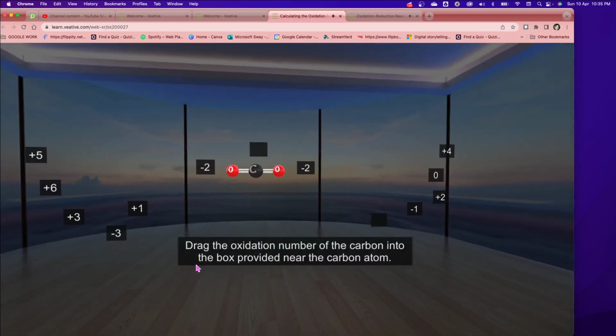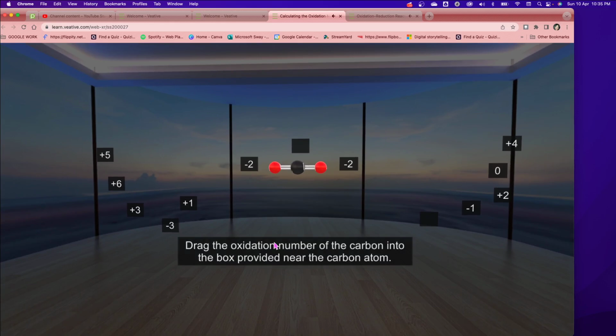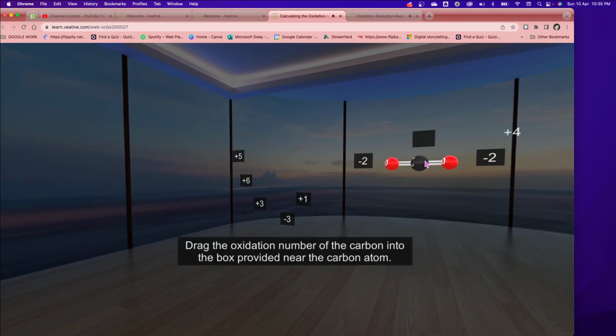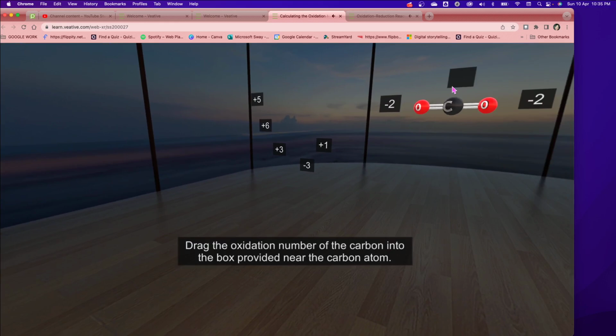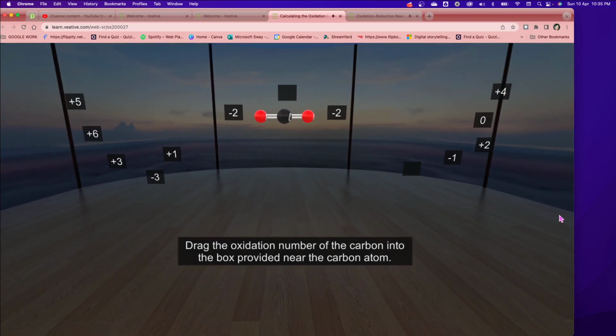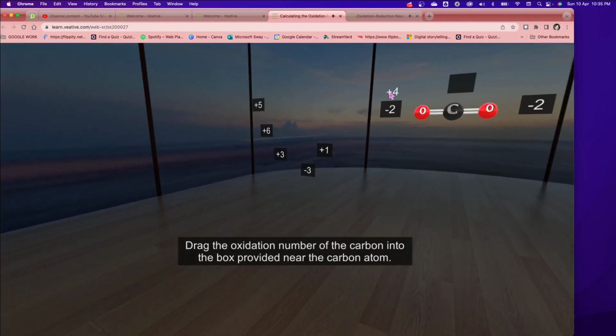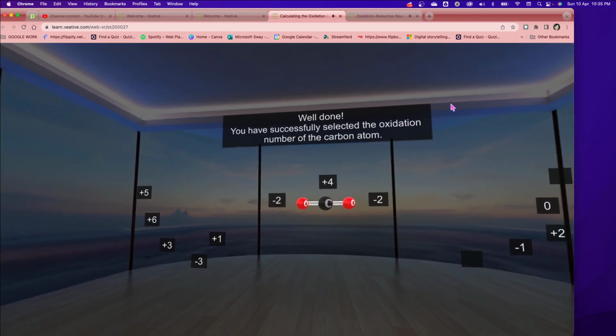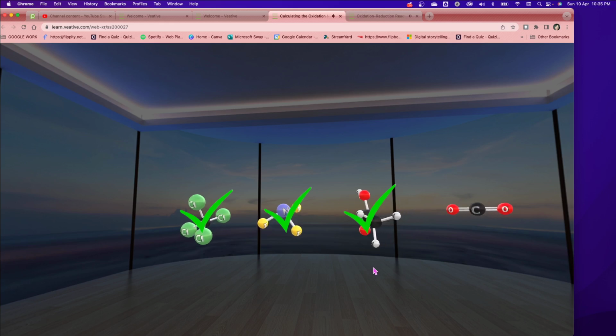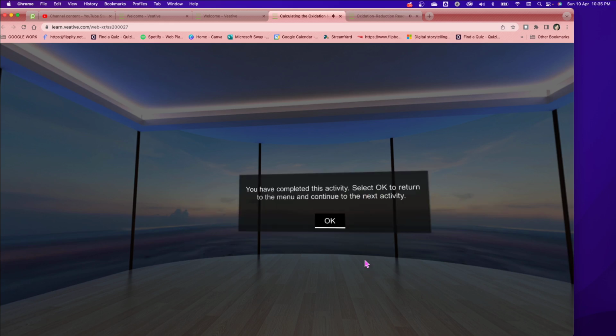Drag the oxidation number of carbon into the box provided near the carbon atom. Well done! You have successfully selected the oxidation number of the carbon atom. You have completed this activity.